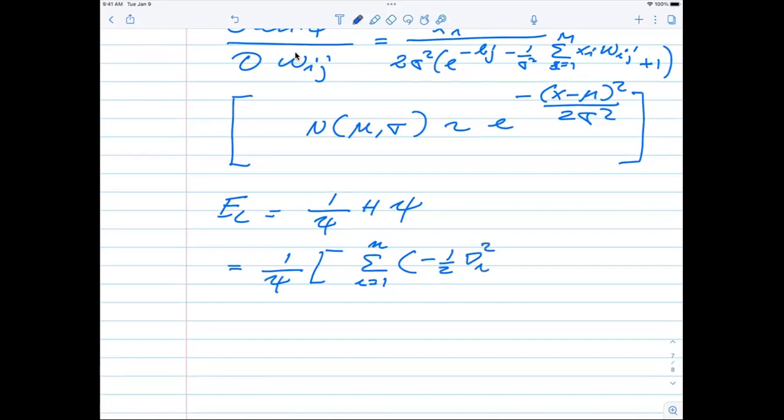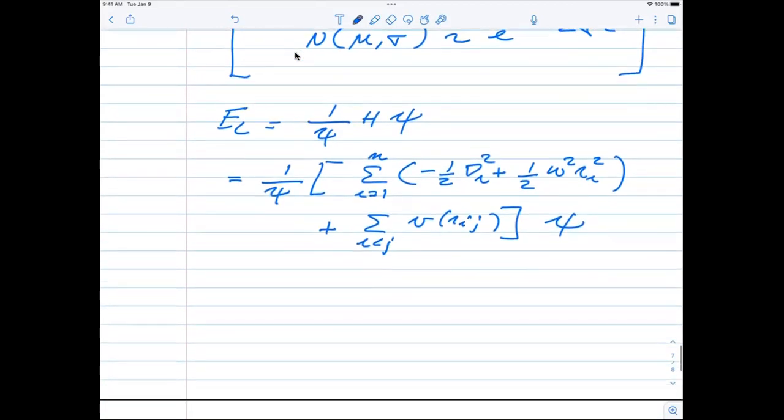So I have the derivative, and then plus the harmonic oscillator frequency, which also contains the radius of the different particles. So this is the standard harmonic oscillator potential. And then I'm going to write in a very generic term, i less than j, some interaction, which depends on the relative distance only between the particles, acting on psi here.